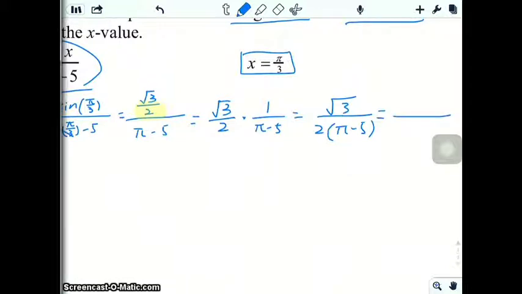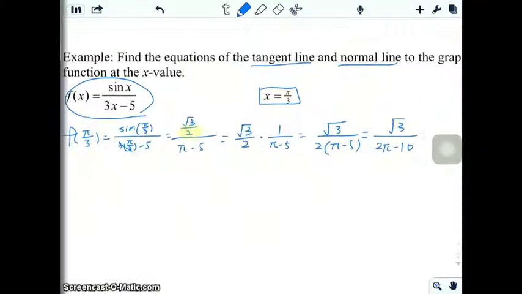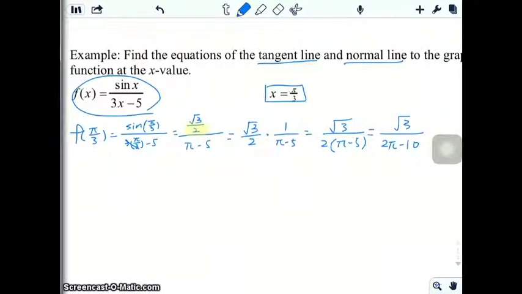You don't have to, but I would recommend it, so we don't have to worry about so many parentheses. Okay, so this is the y value corresponding to this x value.